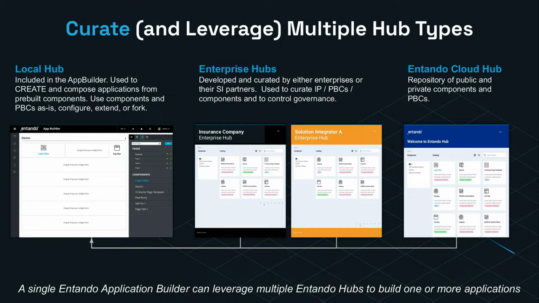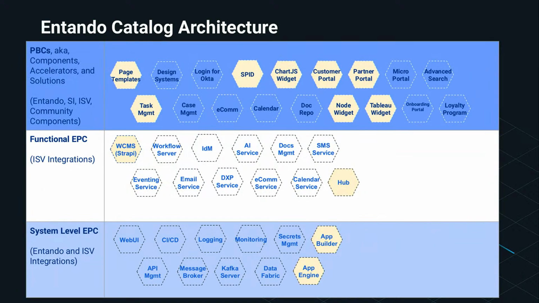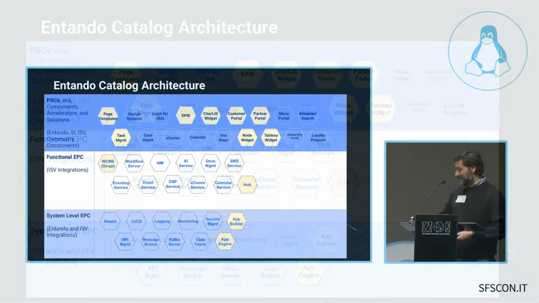So you can pick up PBC from any source that you have available. This is just a structure of the complexity; we have PBC even to customize our platform. It's not important for the developers, or maybe it's very important for the architects.